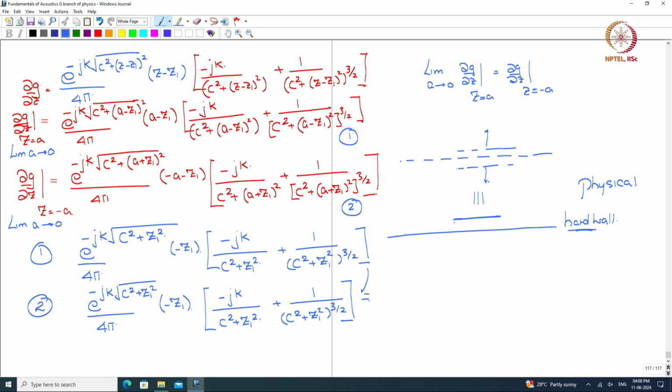Why? If we have any oscillations, let us say this is small, then we will have a situation of sound waves moving and getting reflected, and they will appear to be coming from a source behind, at a reflected point on the negative side.